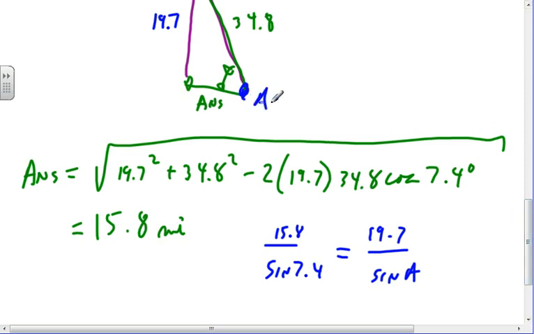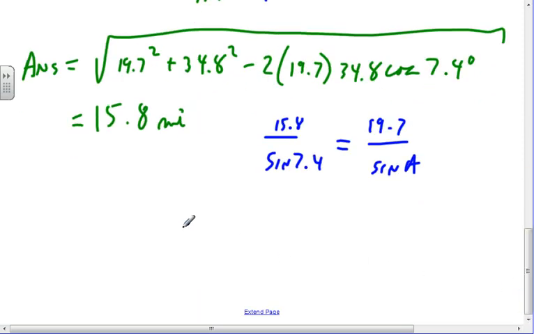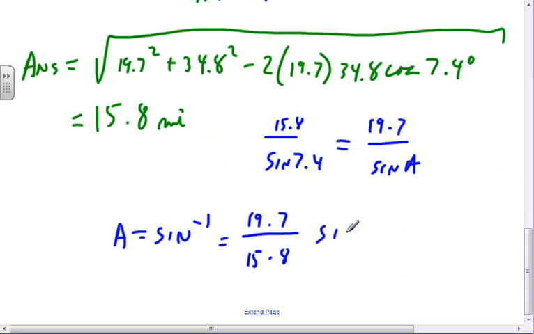There's A right there. Okay, so A equals arc sine of 19.7 divided by 15.8 times sine 7.4.